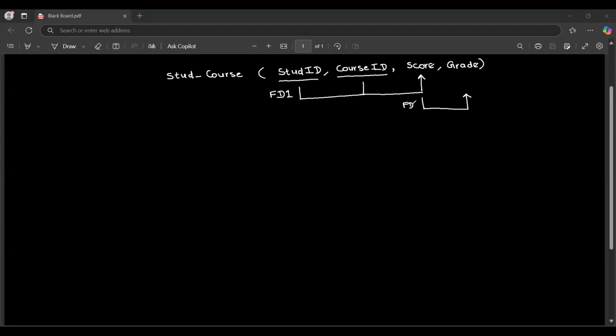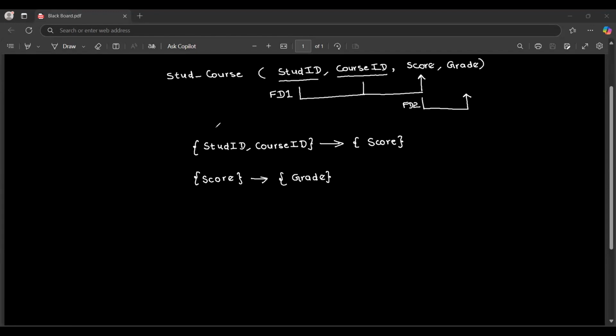This is the second functional dependency. You can write this in basic notation as stud ID, course ID functionally determines score, and score functionally determines grade.